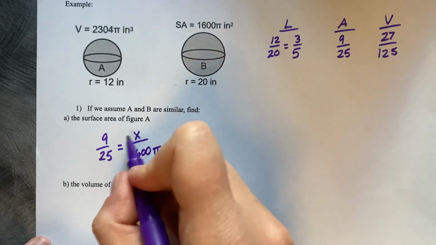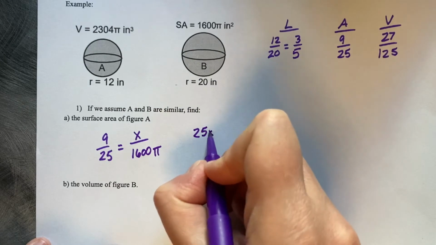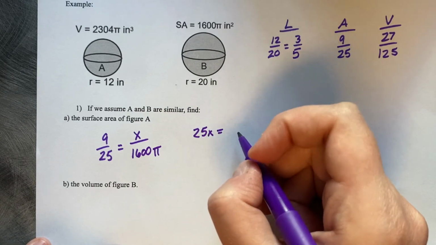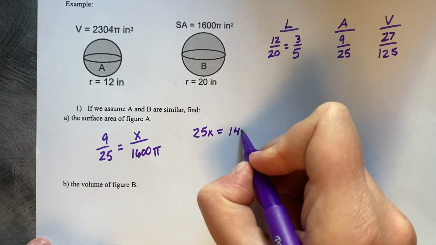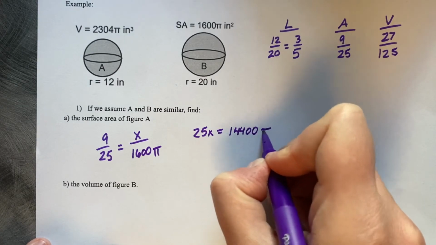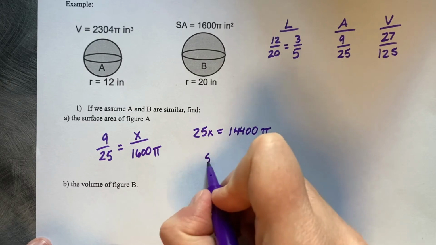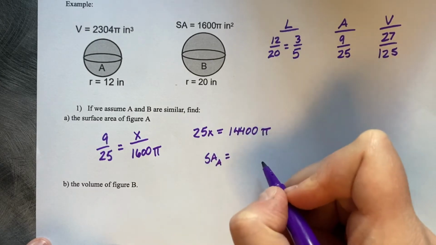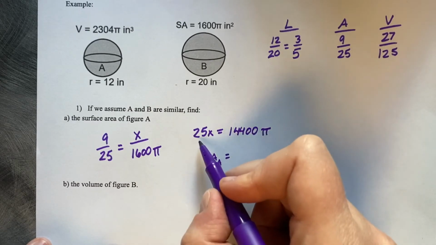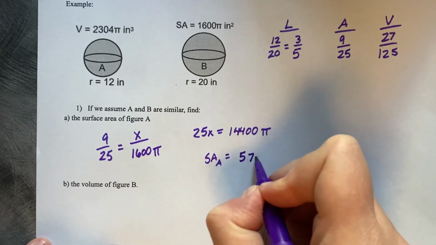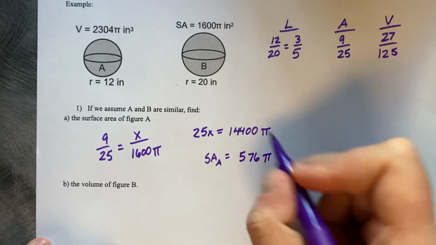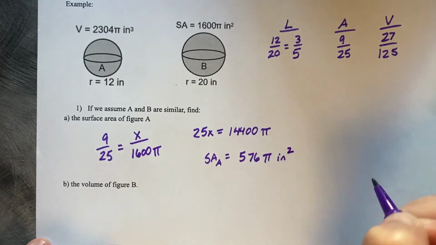Then we can cross multiply and solve, so 25x equals 9 times 1600 pi, which is 14400 pi. Divide by 25, so the surface area of figure A is going to be 576 pi. And there are units, so that's inches squared.